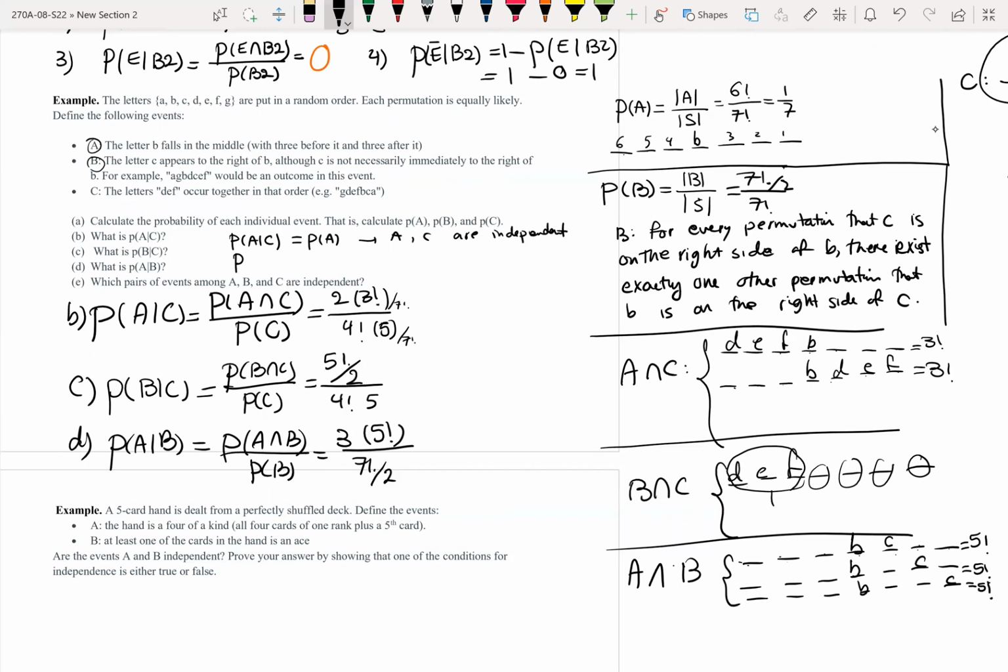If you have the probability of B given C, and you can show it's the same as the probability of B, then you can say B and C are independent. And the last one is the probability of A given B. If you show it's the same as the probability of A, then A and B are independent.